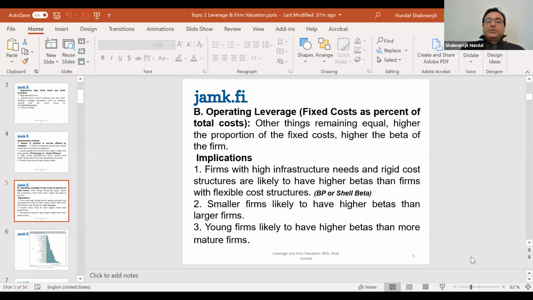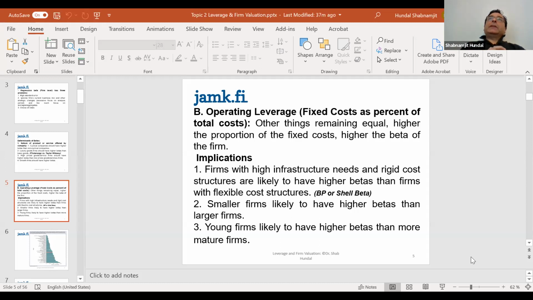The next concept which we will be discussing, and in fact one of your tasks you will see in the next couple of slides, maybe task 5, is based on the concept called operating leverage. The concept of operating leverage is based on the fixed cost, that is, how big the fixed costs are as a percentage of your total cost.